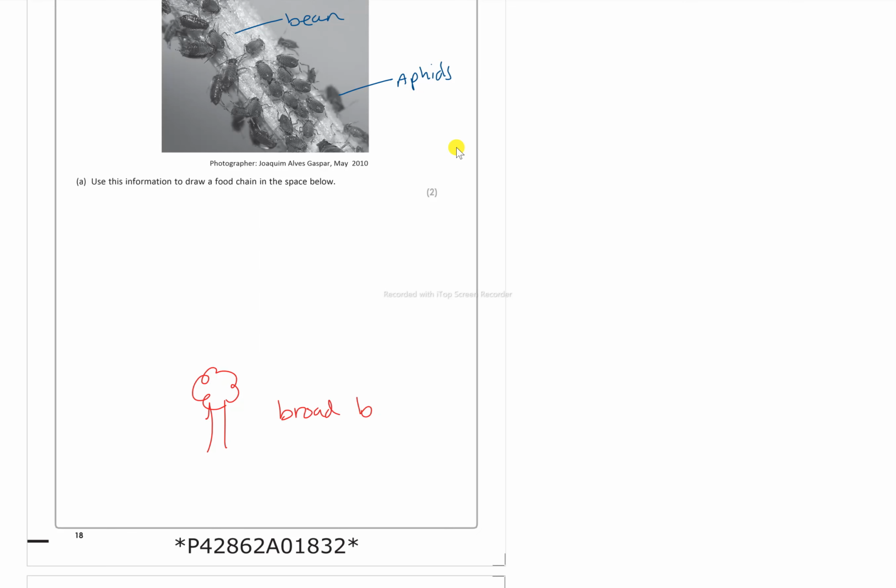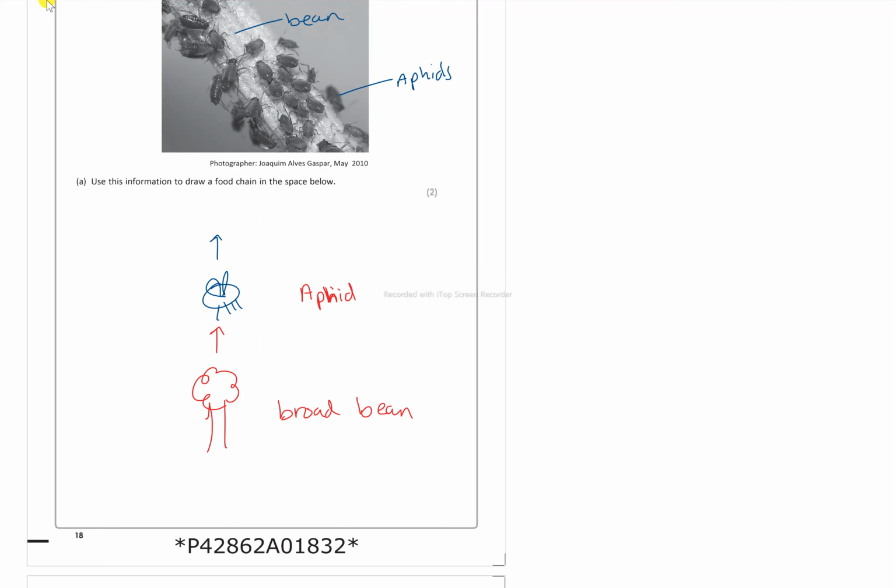Right, up arrow to the aphid. Aphid. Let's just draw it with that color. It doesn't matter. There's my aphid.